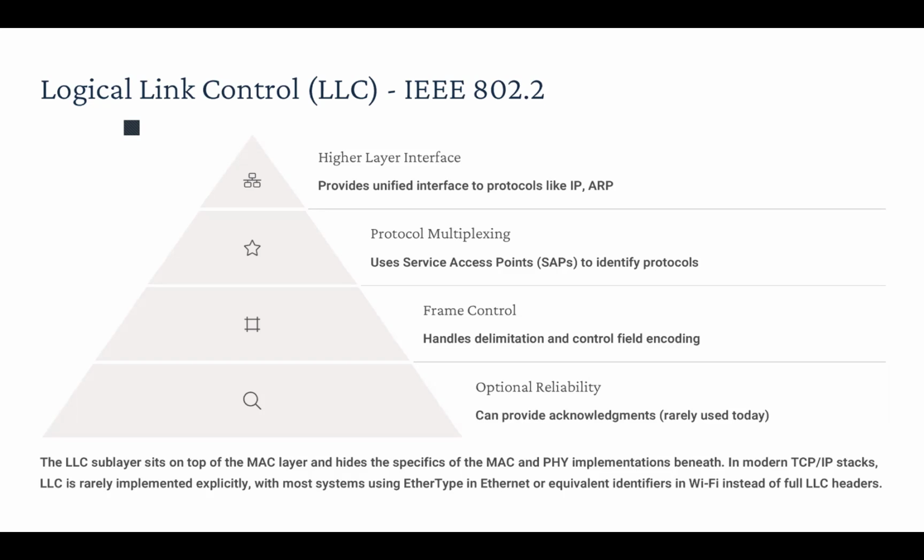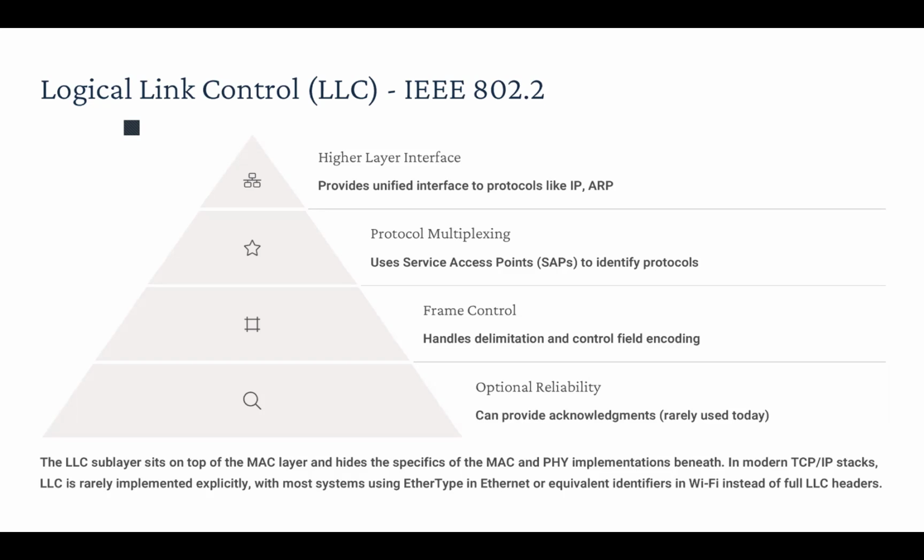Another aspect is its position above the MAC sublayer. That characteristic of the LLC hides the hardware-specific features of the MAC and physical layers, which enables a unified software interface regardless of whether the underlying network is Ethernet, Wi-Fi, or another IEEE 802 protocol.